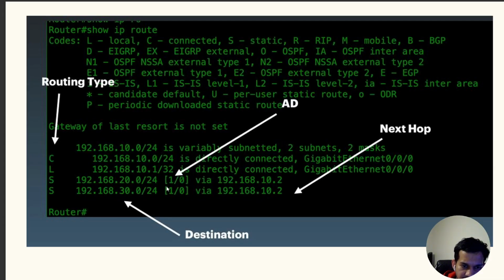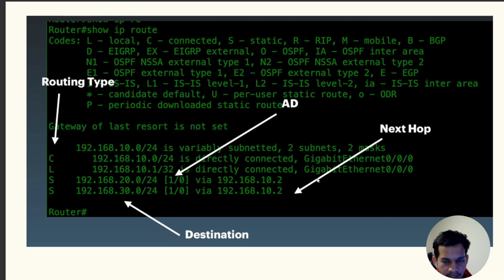As you can see, this is the routing table, with the connected, local and static routes, and then the AD and the metrics. I hope you remember this from the routing fundamentals video.